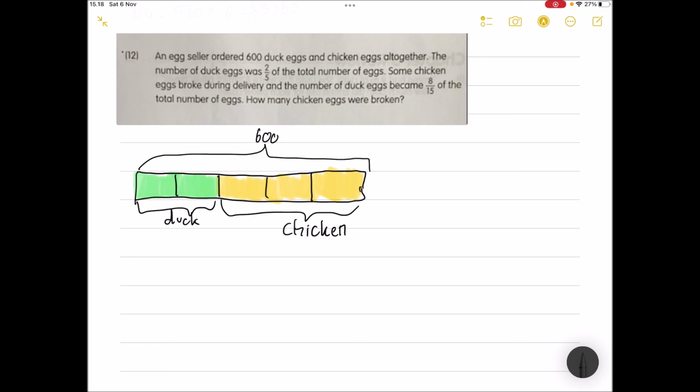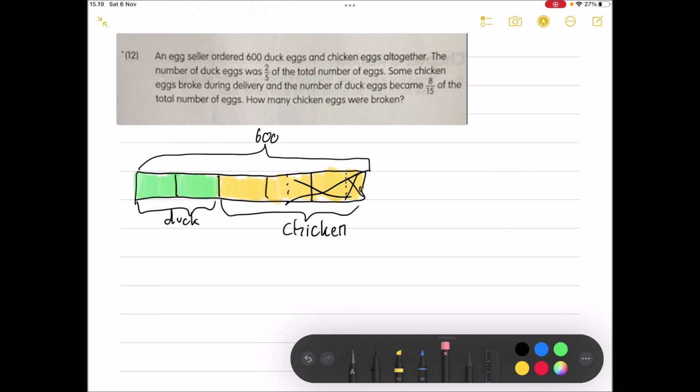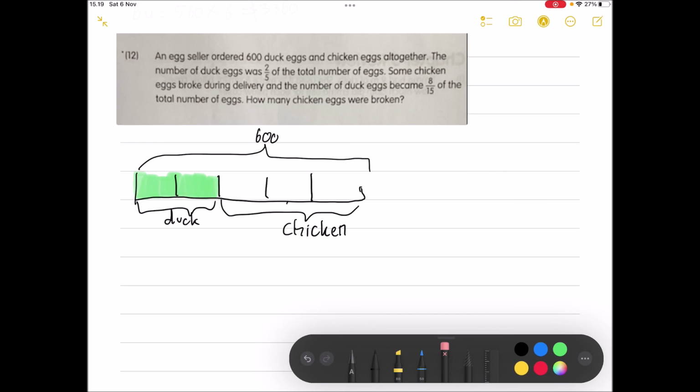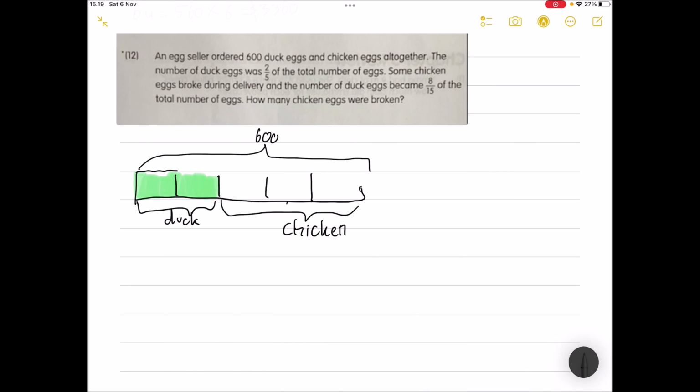So some chicken eggs were broken. If I have to visualize it, it will be like this probably. Or maybe it's this much. We do not know how much actually broke during the delivery, but it should make the egg smaller than before. It will make the chicken egg part smaller than before.